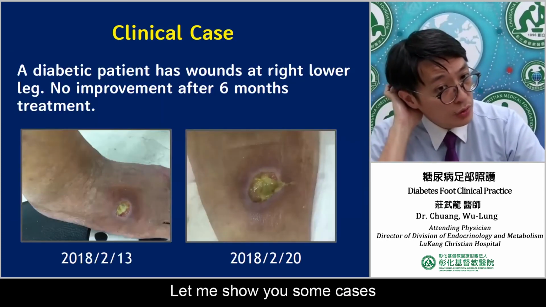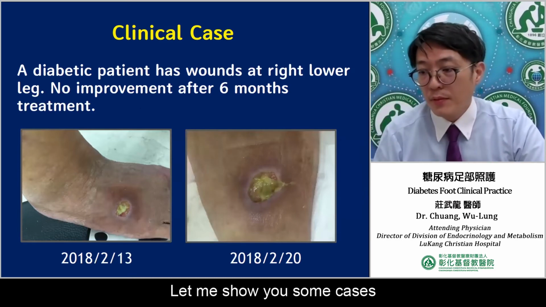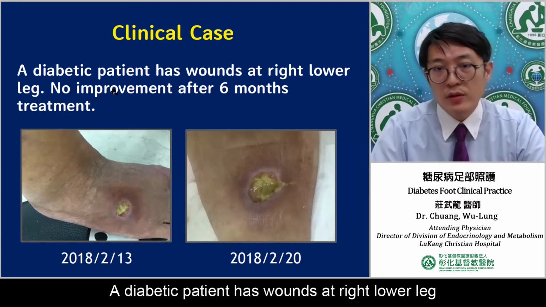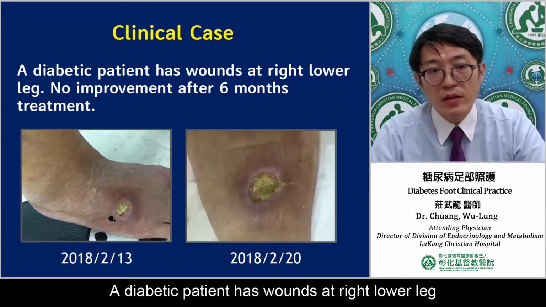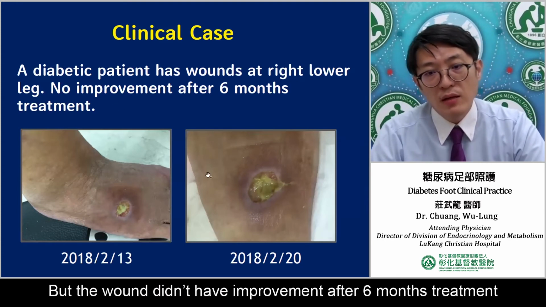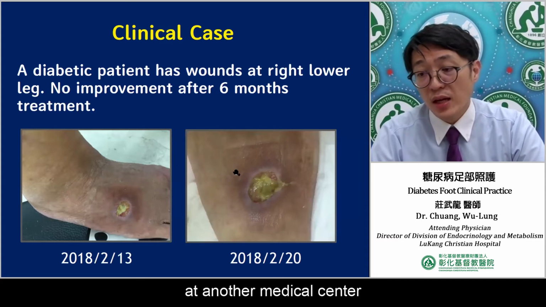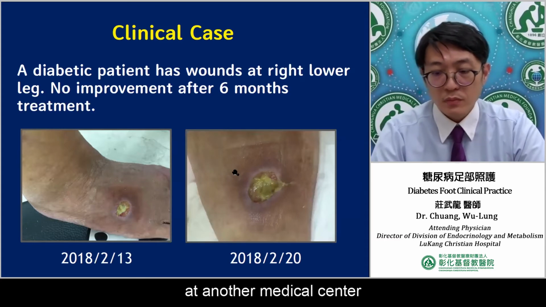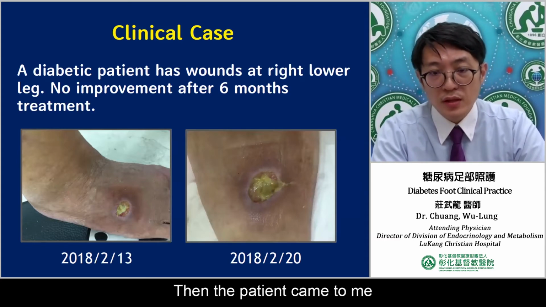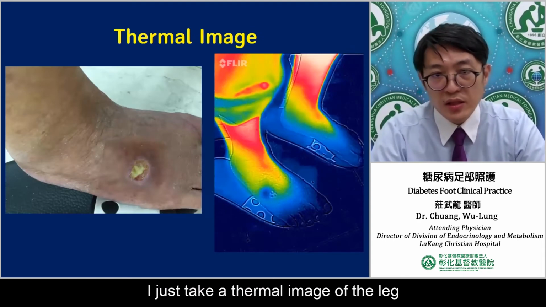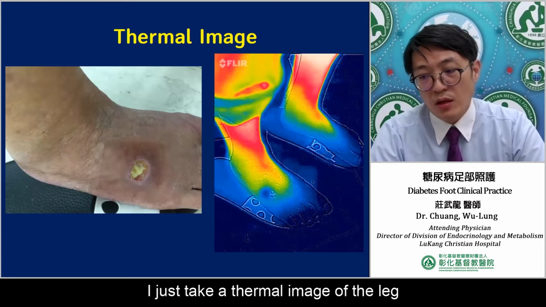Let me show you some cases. A diabetic patient has wounds at the right lower leg, but the wound didn't have any improvement after 6 months of treatment at another medical center. Then the patient came to me and I just took a thermal image of the leg.